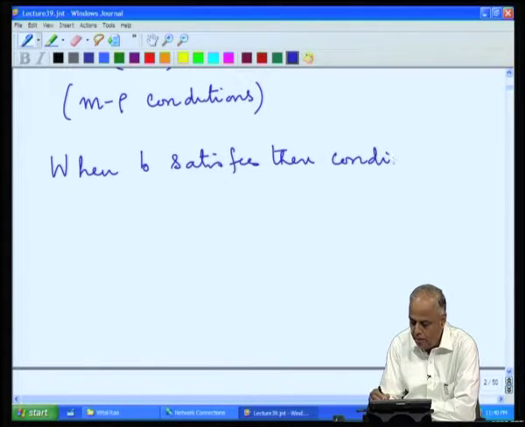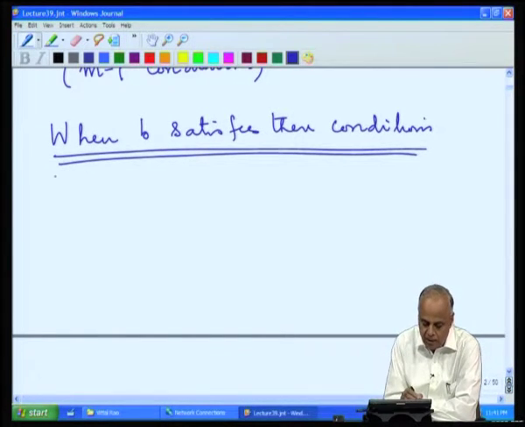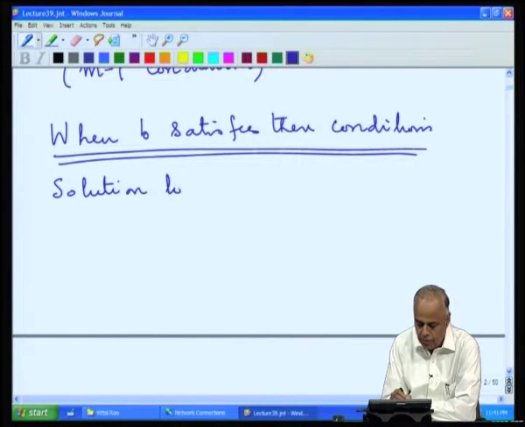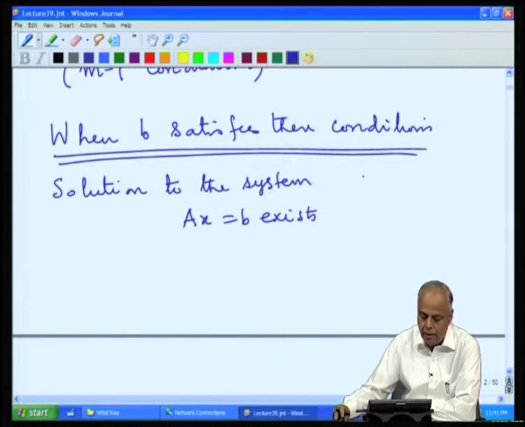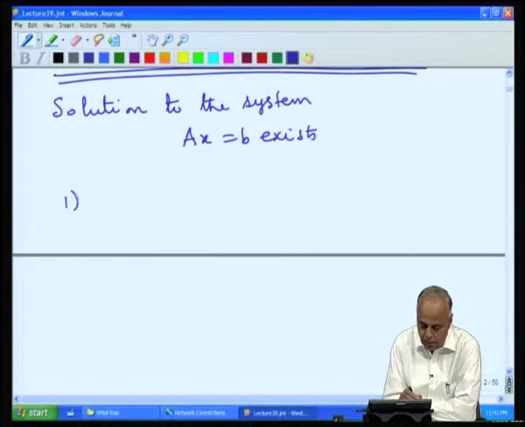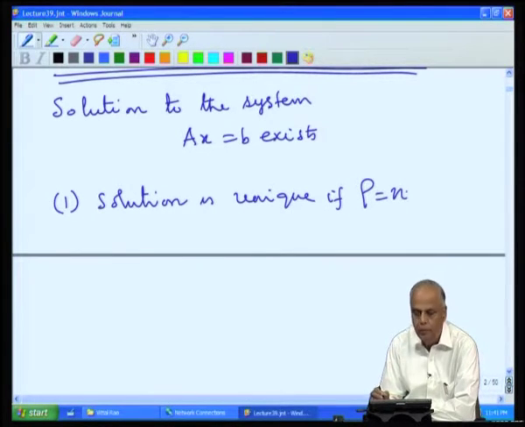When b satisfies these conditions, what are the results that we had? A solution exists, that is the first thing: a solution to the system Ax = b exists, and the solution is unique if the rank is equal to n.